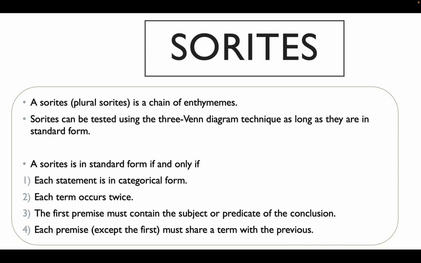Now, you can use the same technique, the 3-Venn diagram technique, so long as the Sorites is written in standard form. And these are the rules for the Sorites to be in standard form. First of all, each statement must be stated in categorical form, A, E, I, or O. The second rule is that each term occurs twice.